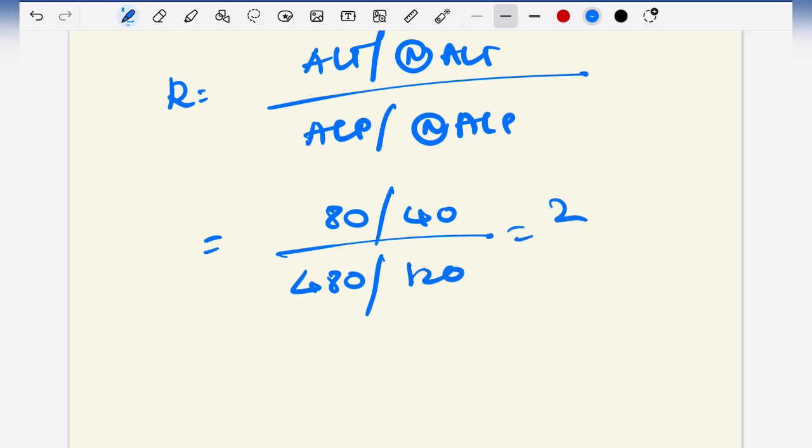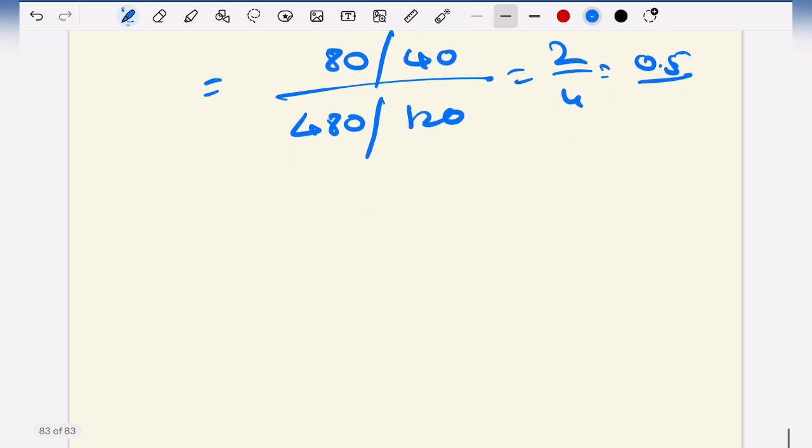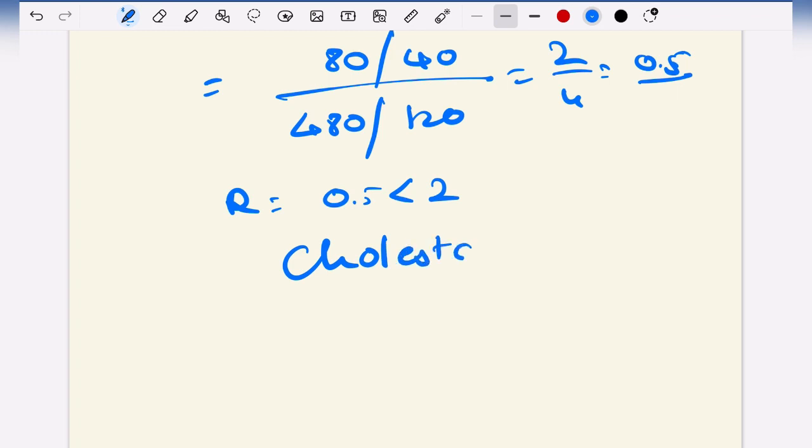If you calculate, this comes around 0.5. So R factor is 0.5, which is less than 2. So this accounts for cholestatic injury.